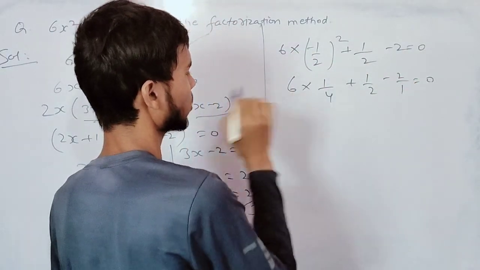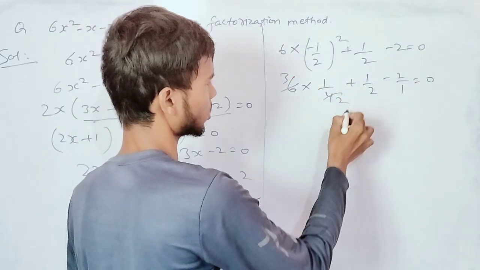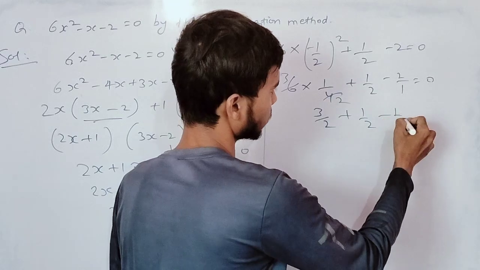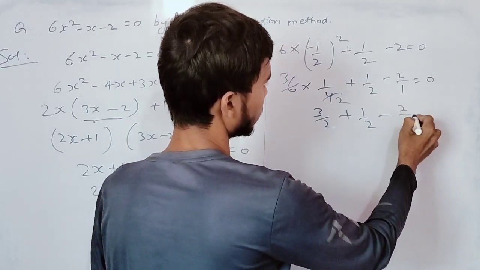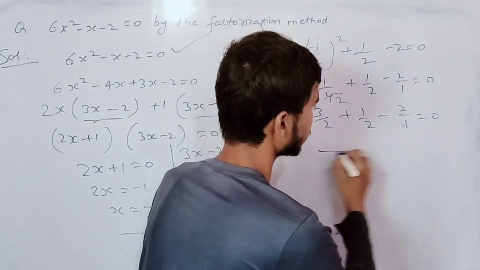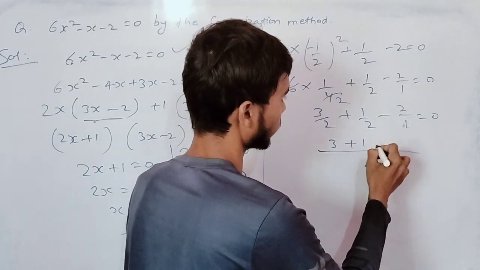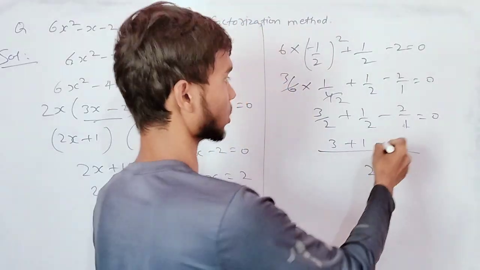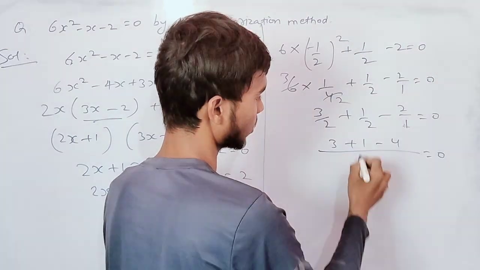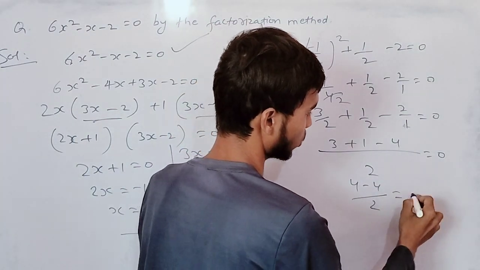Now 3 upon 2 plus 1 upon 2 minus 2. This is, we have fractions. Now 3 plus 1 minus 4 upon 2. So this is 4 minus 4 upon 2.